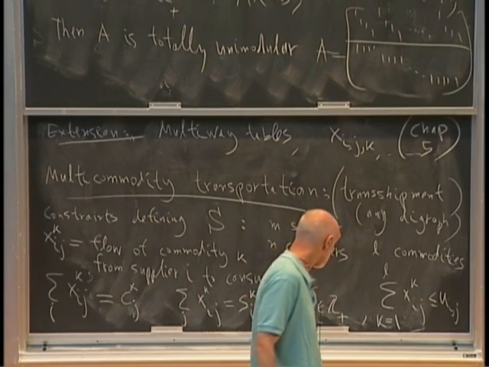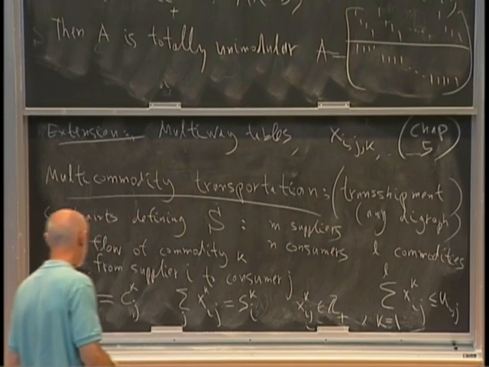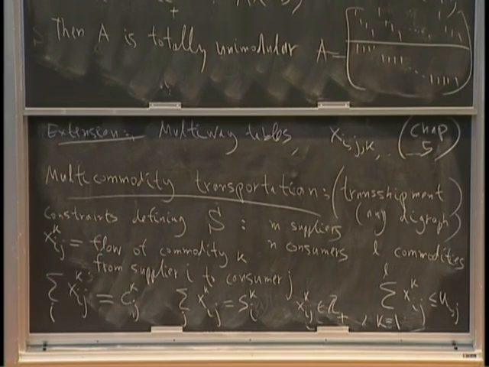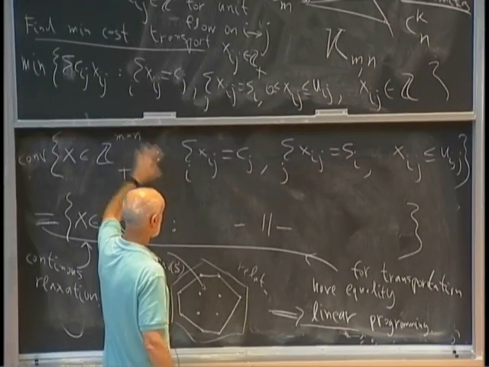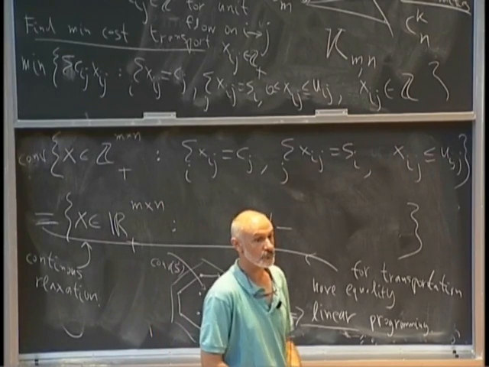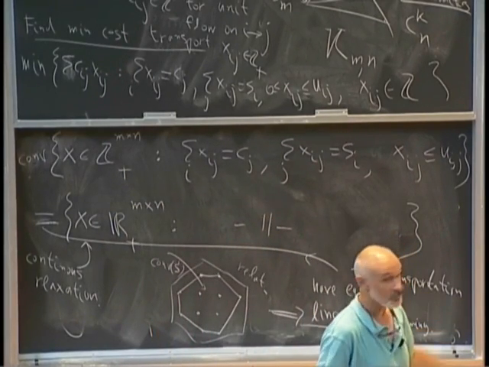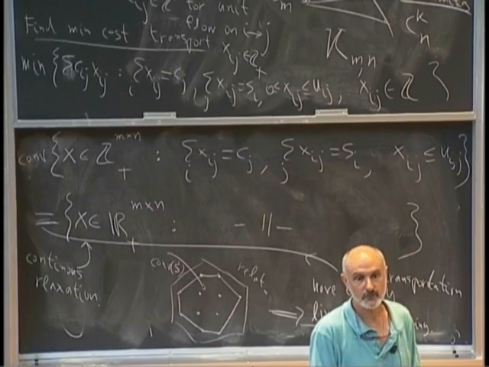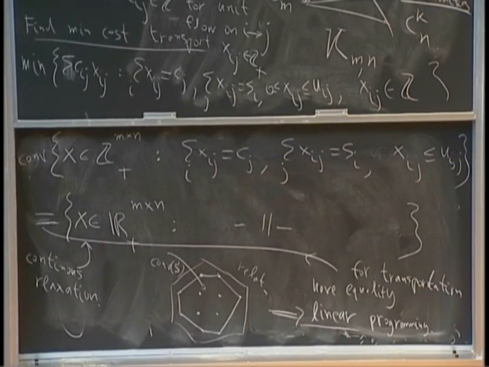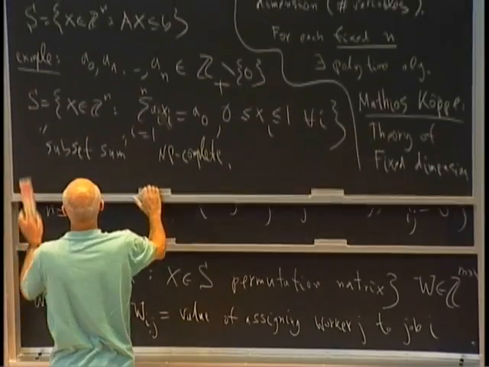And so what do you think about the complexity of this problem? Before, I said we have total unimodularity. We have equality of the convex hull and the relaxation here. Very nice. You can use linear programming or flows. How about this problem? Suppose I have two commodities, L equals 2. So where can we use this blackboard? Use this one.